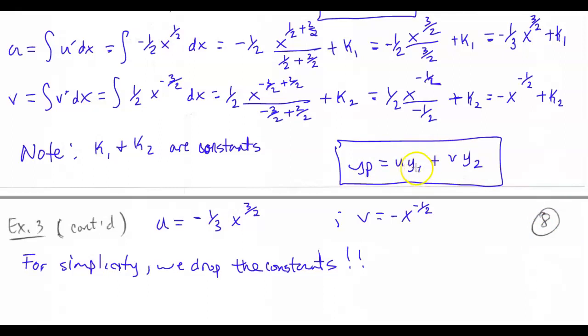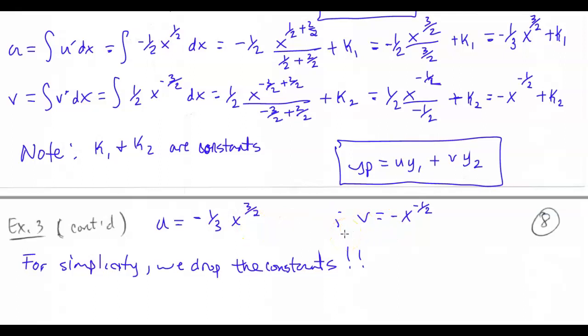Again, if y1 is a solution to my non-homogeneous equation, if I'm assuming that, then some function times that particular solution y1 should also be a solution, provided that y1 is actually a solution to it. So we're assuming that and then trying to work our way around to make things work, to force this kind of thing to happen here. And so this is why we're dropping those constants.